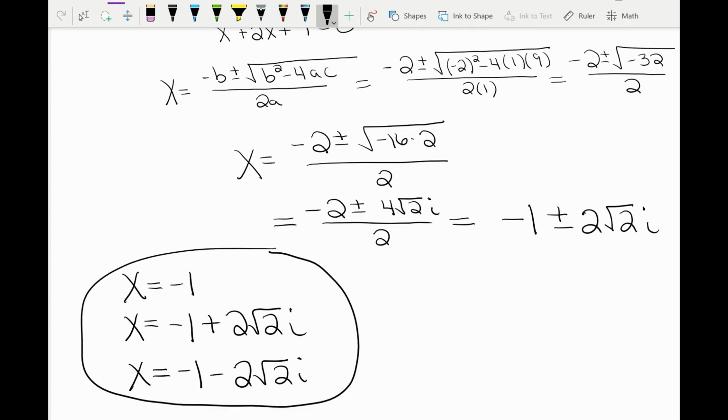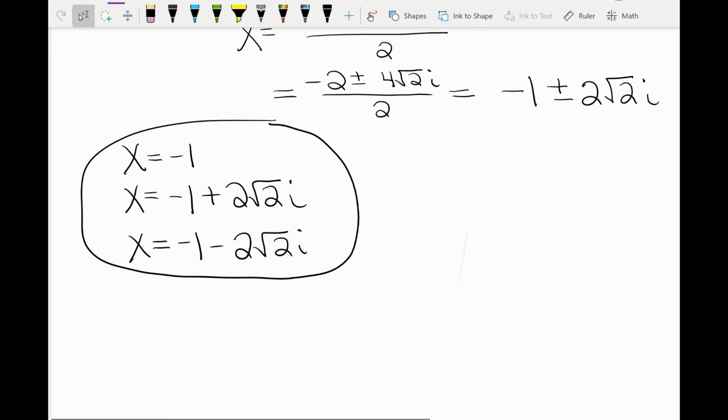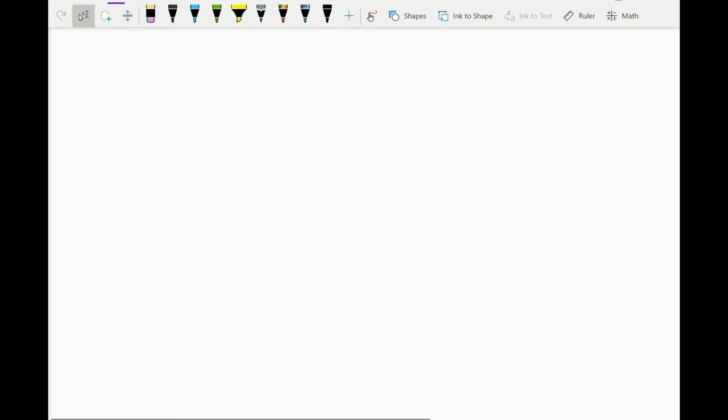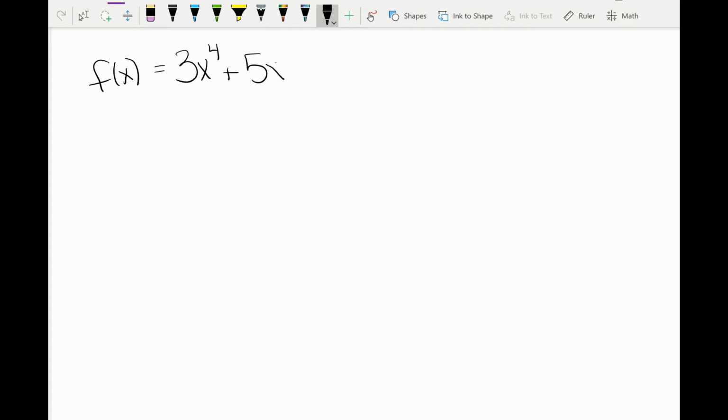So let's try another example. If we start fresh, let's put another example up. f of x equals 3x to the 4th plus 5x cubed plus 25x squared plus 45x minus 18.